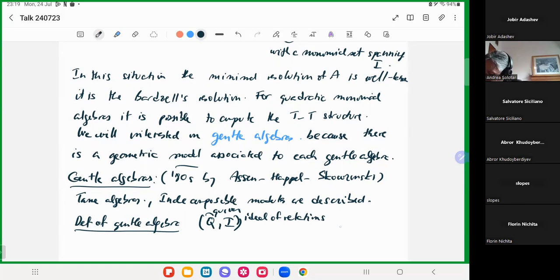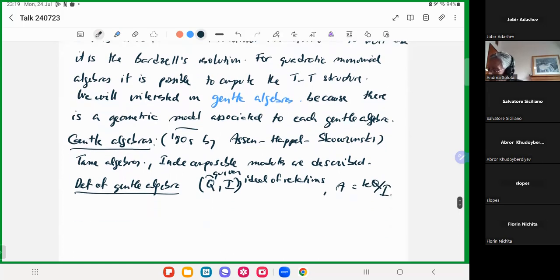That means that A is KQ divided by I. If I have this presentation, the quiver will not change, but the ideal may change. So this is why I call it a presentation. So given a presentation like this, I has to be monomial, and I is going to be generated by quadratic monomials.